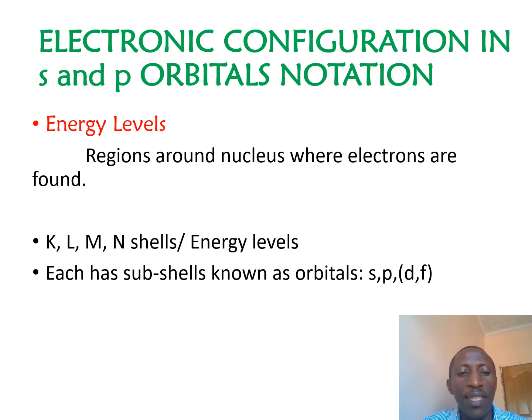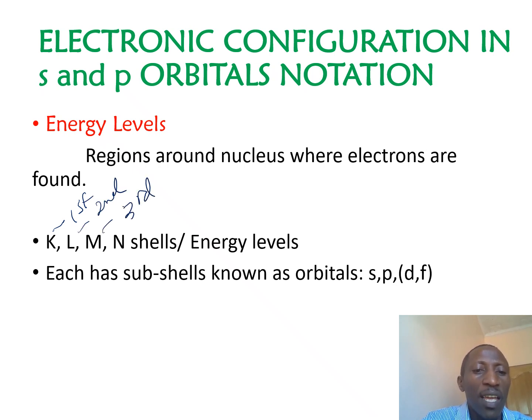Energy level K is for the first, L is the second, M is the third, and N is for the fourth energy level. So energy levels by another name are the shells.